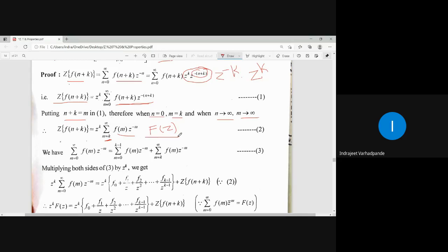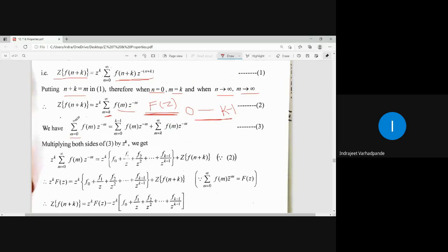But to fulfill the definition of the Z transform, it should start from 0, n equal to 0 to infinity. So from 0 to k, what is the previous number of k? It is 0 to k minus 1. So I see that from 0 to k minus 1 this particular summation is not defined, so we will have to split this. How to split this? m equal to 0 to infinity.